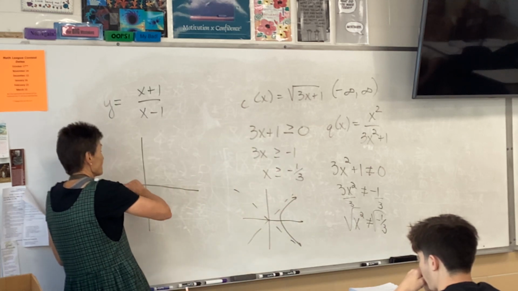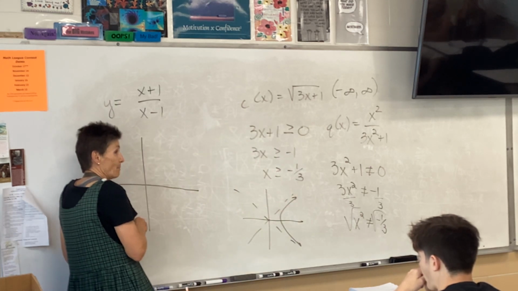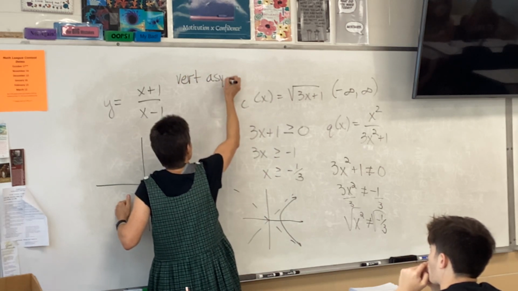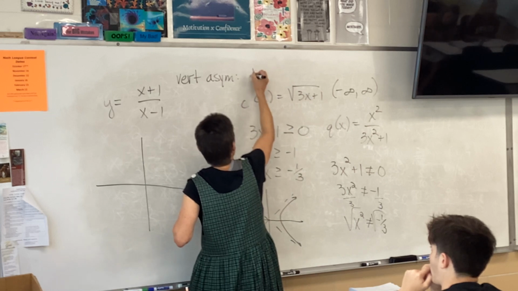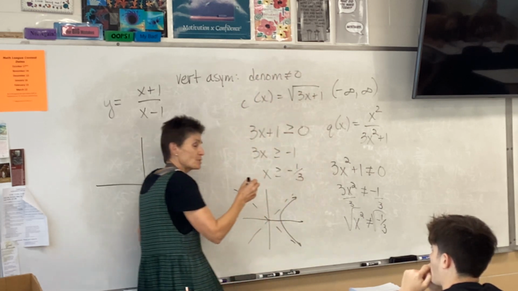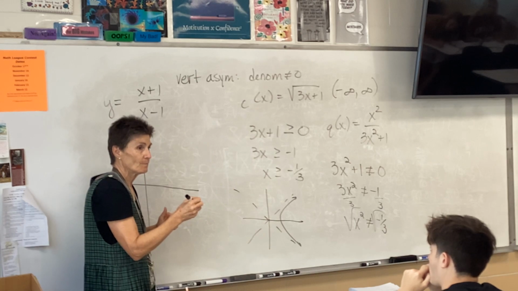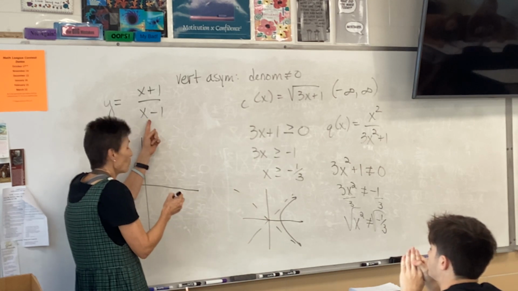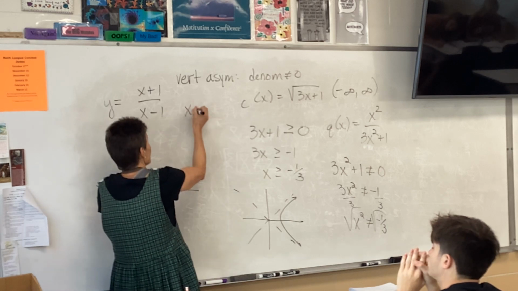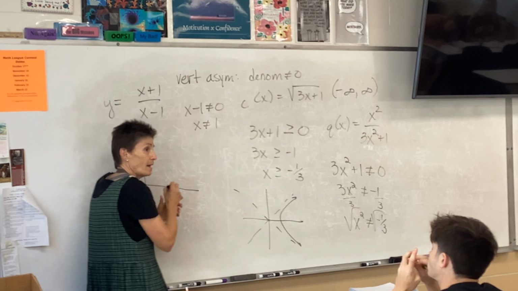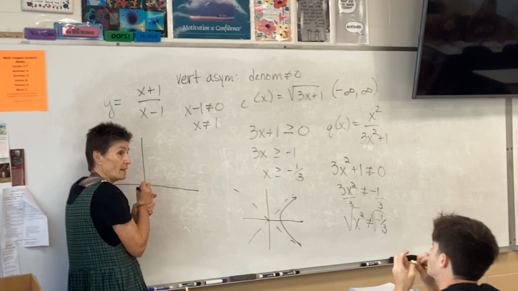A vertical asymptote comes from the denominator. That's the note you need to take. Vertical asymptote, denominator cannot be 0. Oh my gosh, does that sound familiar? It's like domain. So in this problem, x minus 1 cannot be 0, which means x cannot be 1.